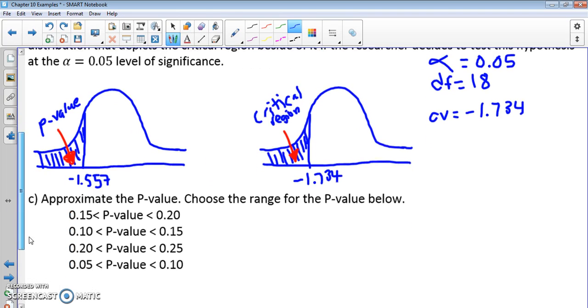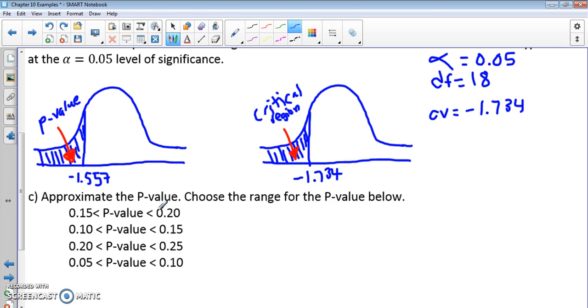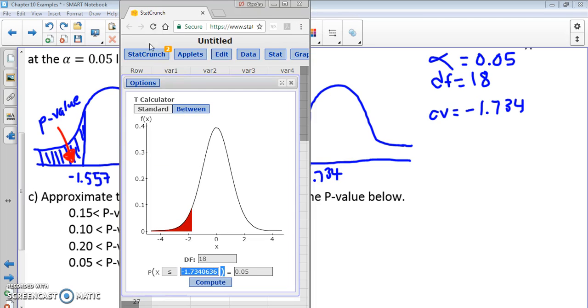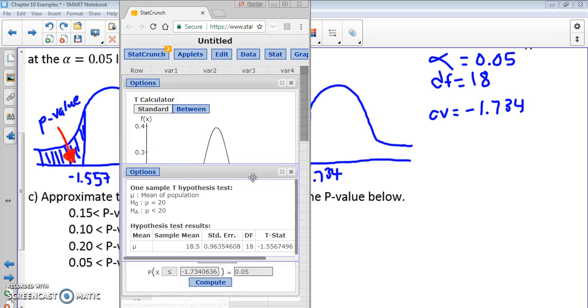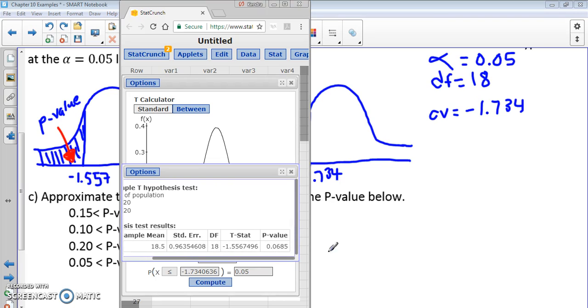So now it says approximate the p-value. If you're using the table, you won't get an exact value, it's something close. But in StatCrunch, we can get the exact p-value. So if I come back over here and pull up my results, one sample T summary, and go over, we get our p-value here, which is 0.0685.